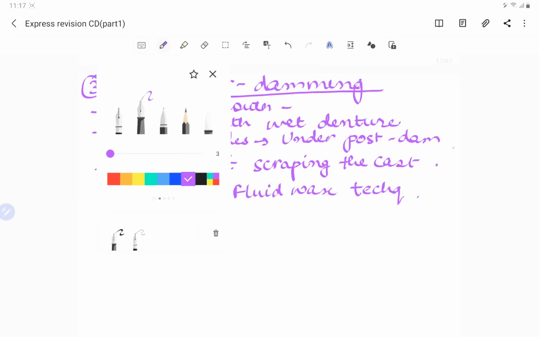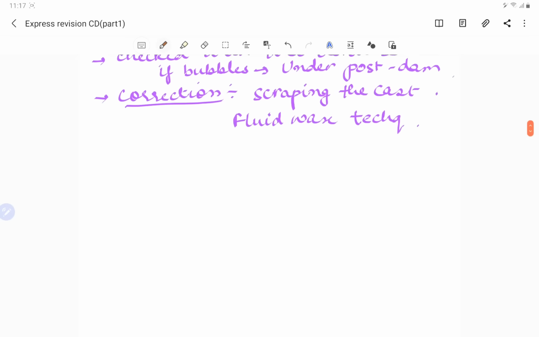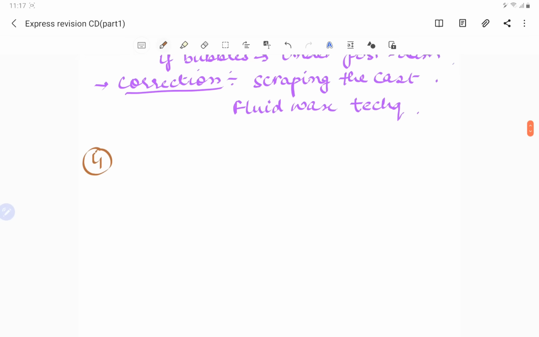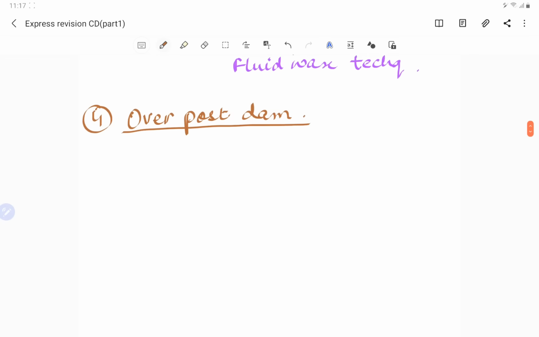Talking about the fourth one, which is our over post damming. Over post damming is when there is too much scraping of the master cast, right?